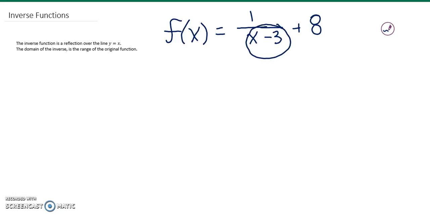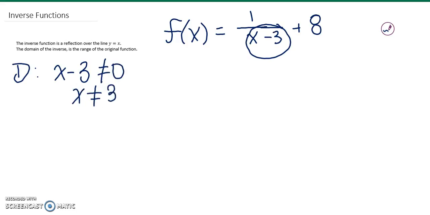We notice that x minus 3 cannot equal 0. So in our domain, x minus 3 cannot equal 0. Therefore, x cannot equal 3. And that is our domain for f of x.